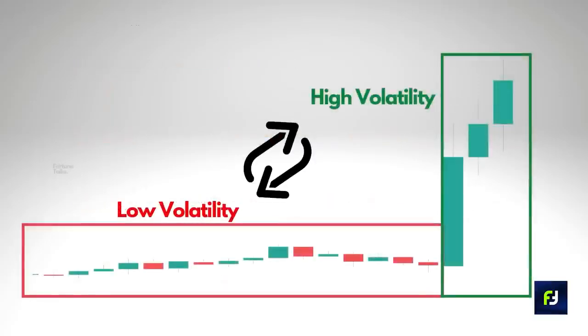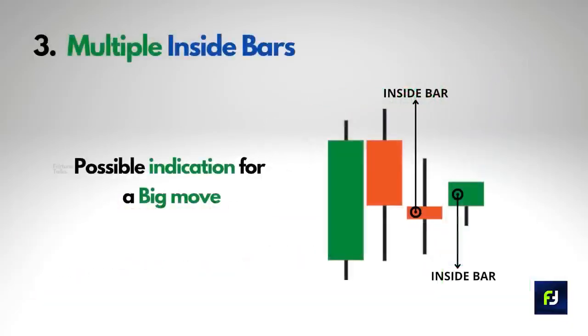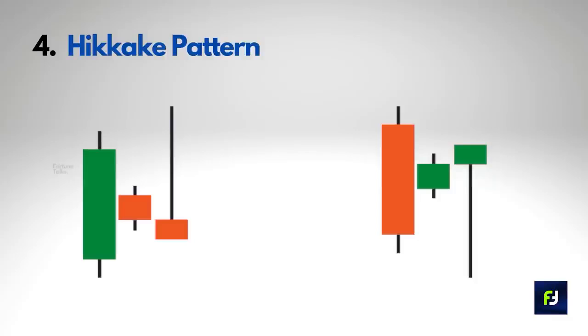And we know the market volatility is always changing. That is, it moves from a period of low volatility to a period of high volatility and vice versa. So, when you see multiple inside bars together, it is a strong sign that the market is about to make a big move soon.